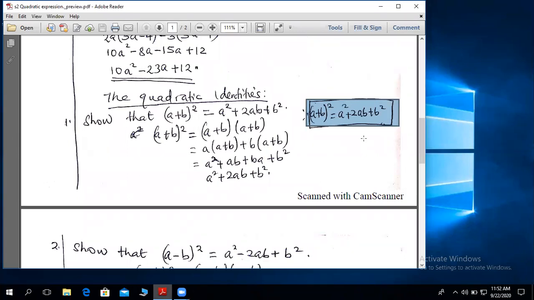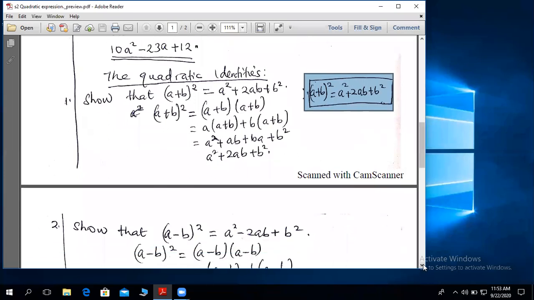So I can ask you to get for me the answer of x plus 2 squared. That means x will be equal to a and 2 will be equal to b. So you will expand properly like that. This identity should always move within the head because anytime we can use it, most especially when we are factorizing.